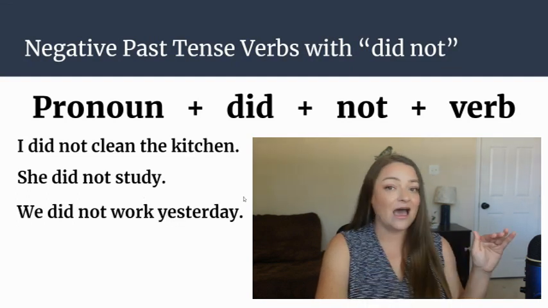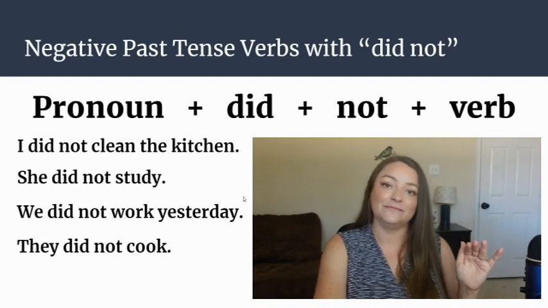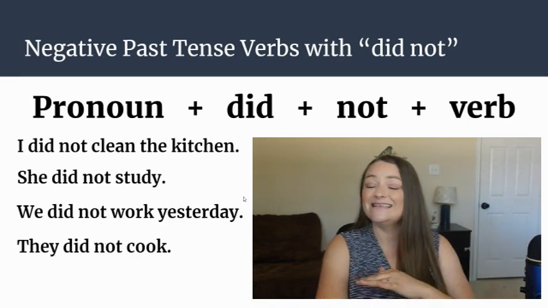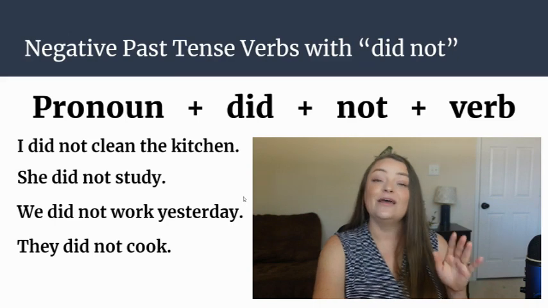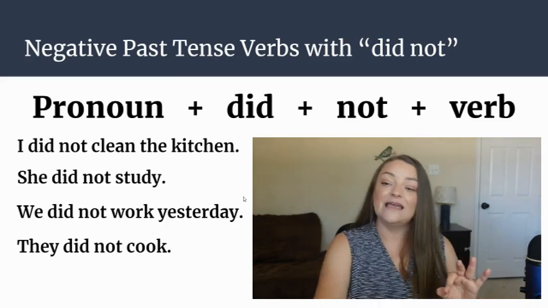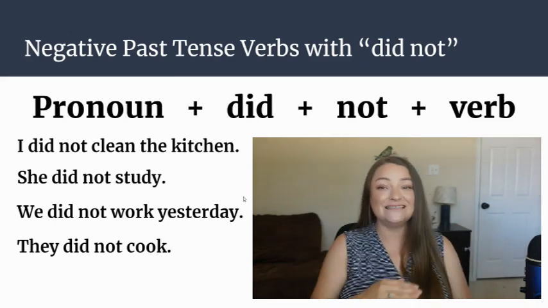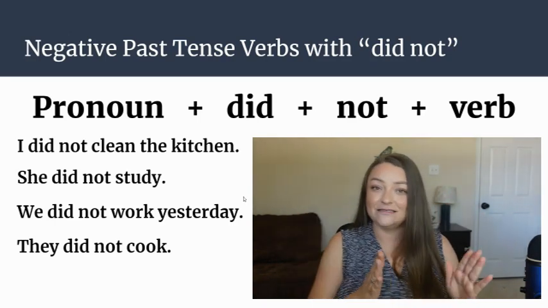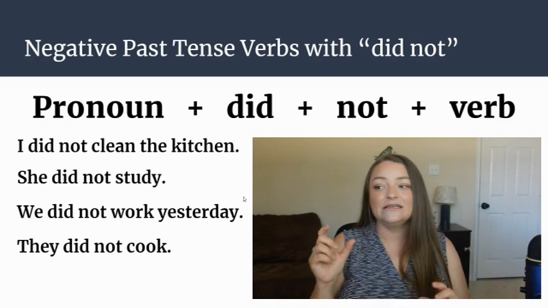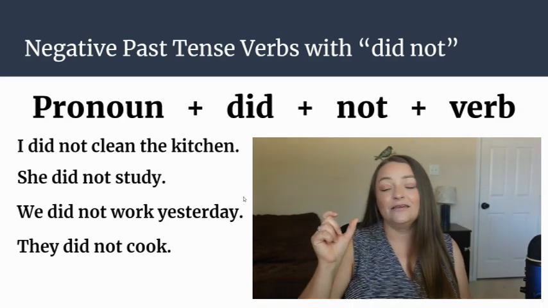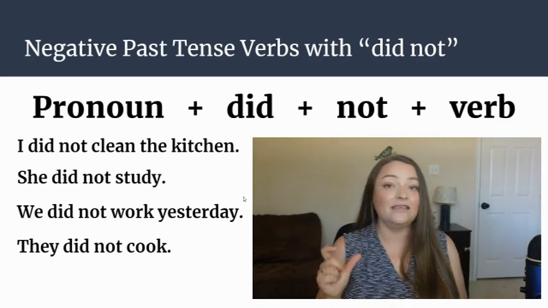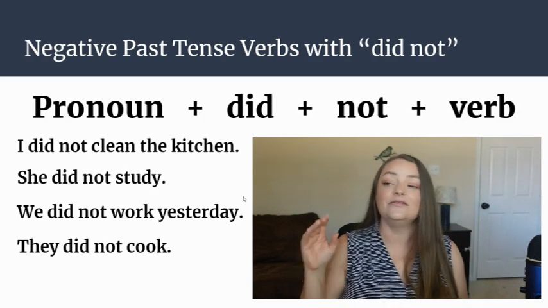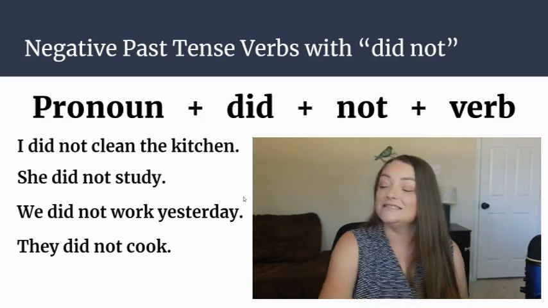We did not work yesterday. They did not cook. The nice thing about this is that for every pronoun, it's exactly the same. It's going to be did not. Did is did for I, you, she, he, it, we, they. Every pronoun uses did. So that makes it a little bit easier.